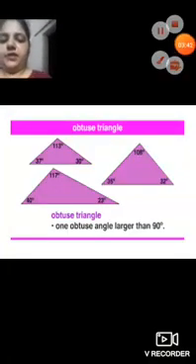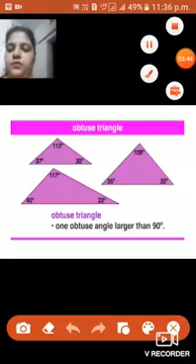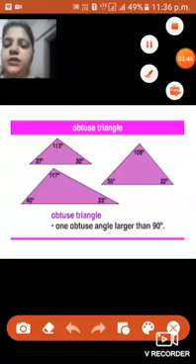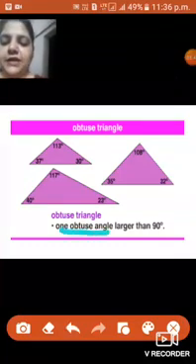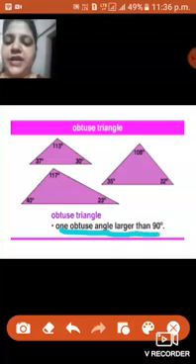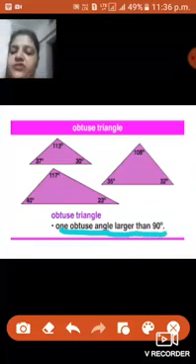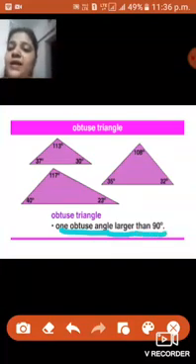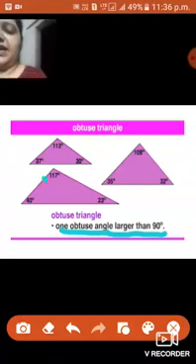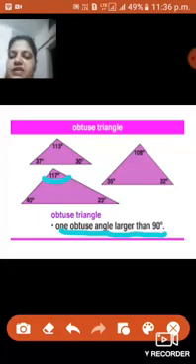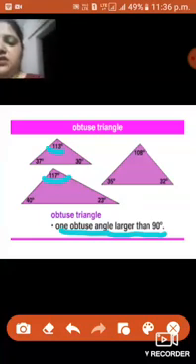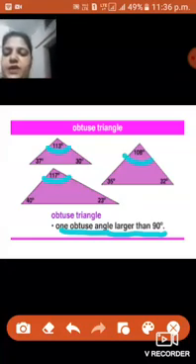Obtuse triangle. Obtuse triangle, one obtuse angle that is larger than 90 degree. In a triangle, there should be one angle that is greater than 90 degree. That is, you can see here 117, 113 and 118.